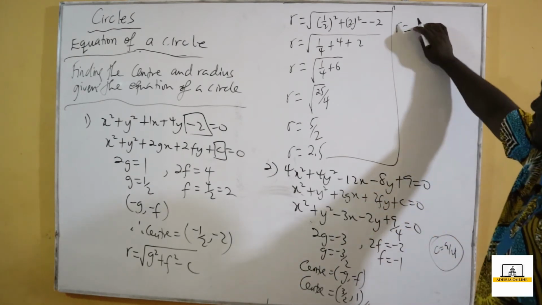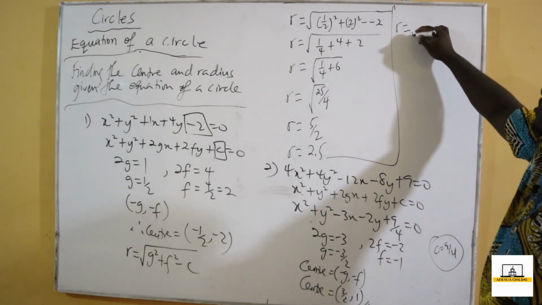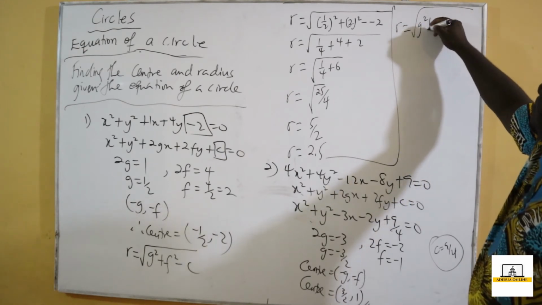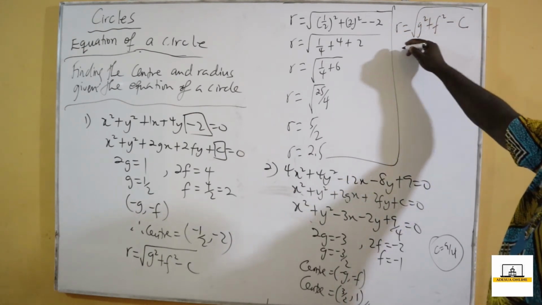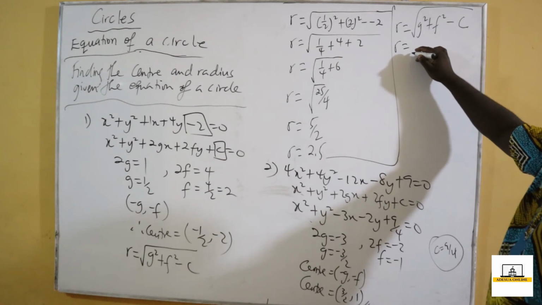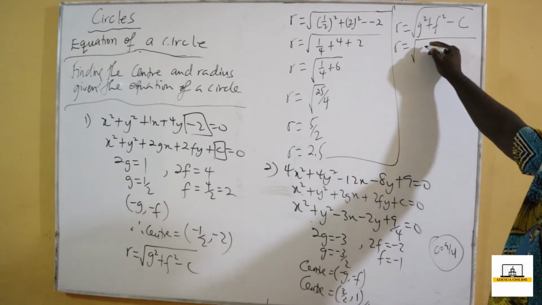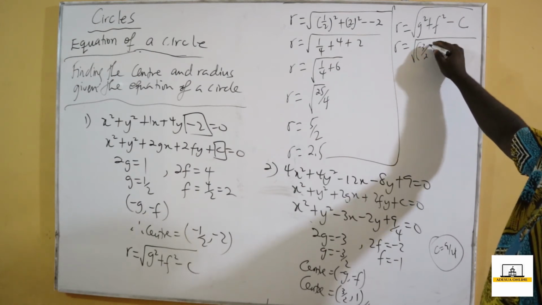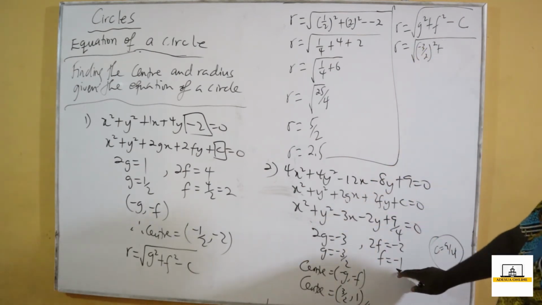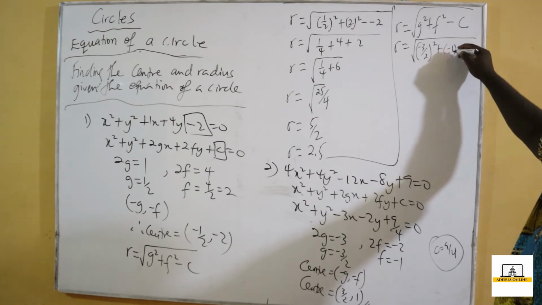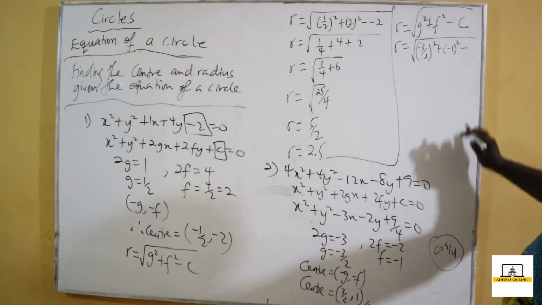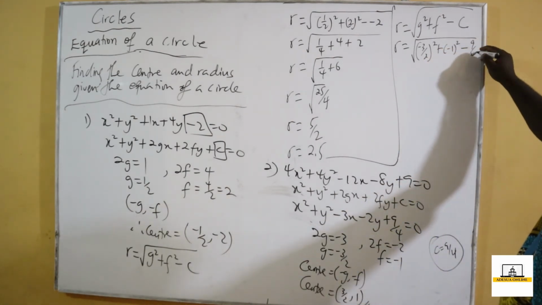So our radius will be equal to the square root of g squared plus f squared minus c. So r is equal to the square root of, our g is negative 3 over 2, so we have negative 3 over 2 all squared, plus our f is negative 1, negative 1 all squared, minus our c, which is 9 over 4.